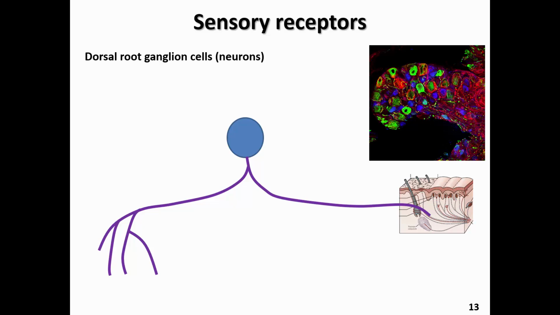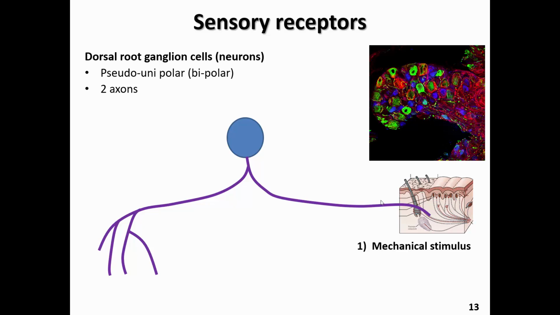If we take a closer look at the sensory receptor, the cell body of the sensory receptor is housed in what's generally referred to as the DRG, or the dorsal root ganglion. The dorsal root ganglion is a cluster of cell bodies of sensory neurons outside the spinal cord. These neurons are generally described as pseudo-unipolar, or sometimes bipolar, because these sensory neurons are characterized by 2 axons.